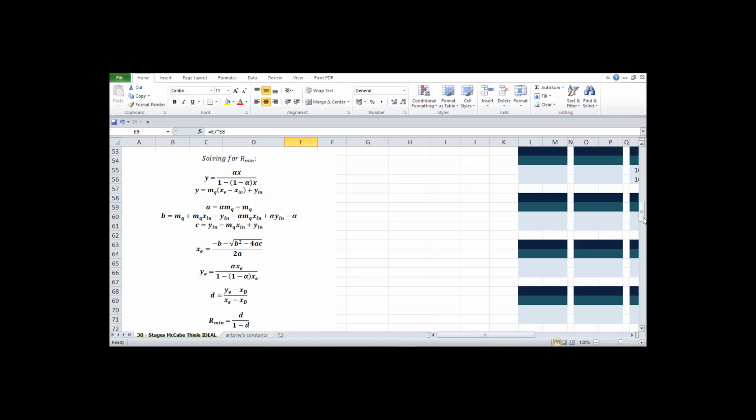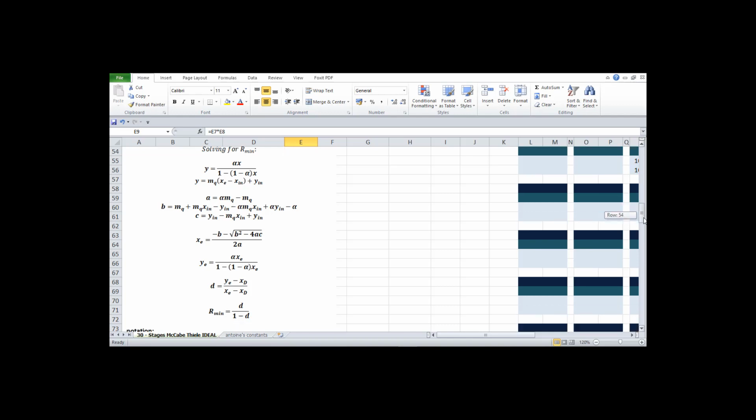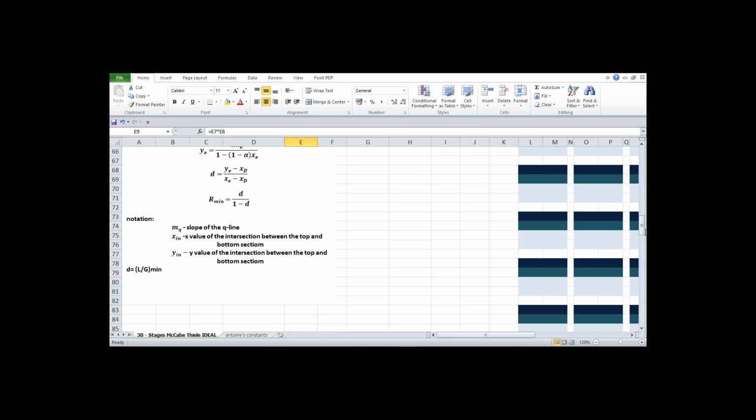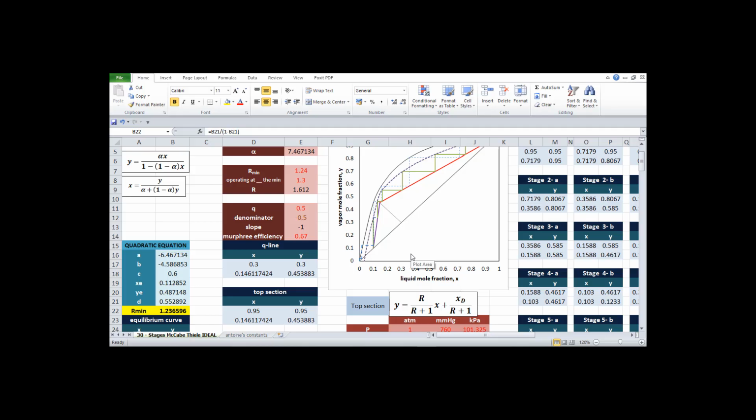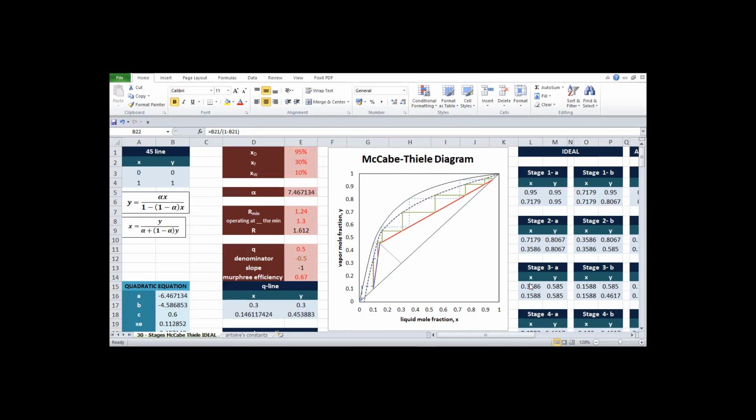We can also solve our Rmin by employing this formula, and the notation is this. Basically, we will get about the same Rmin. And this is now our final diagram for the problem.